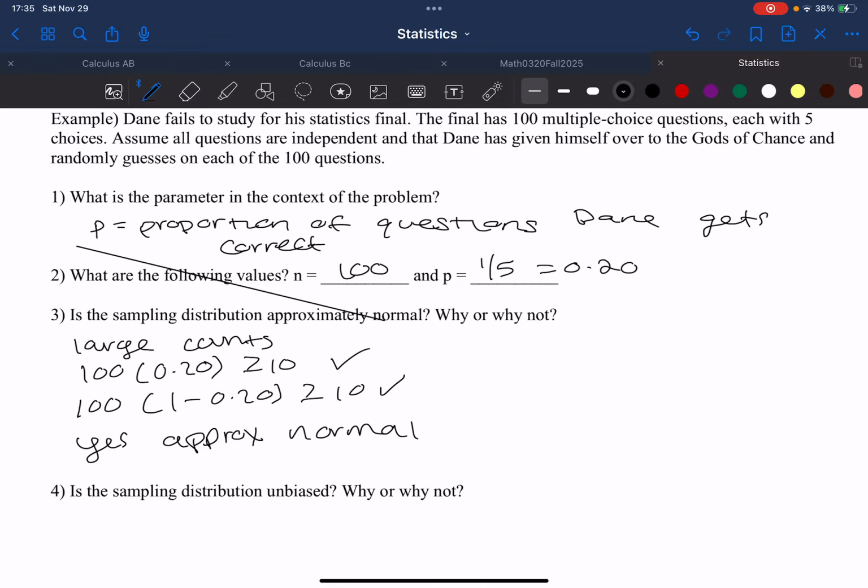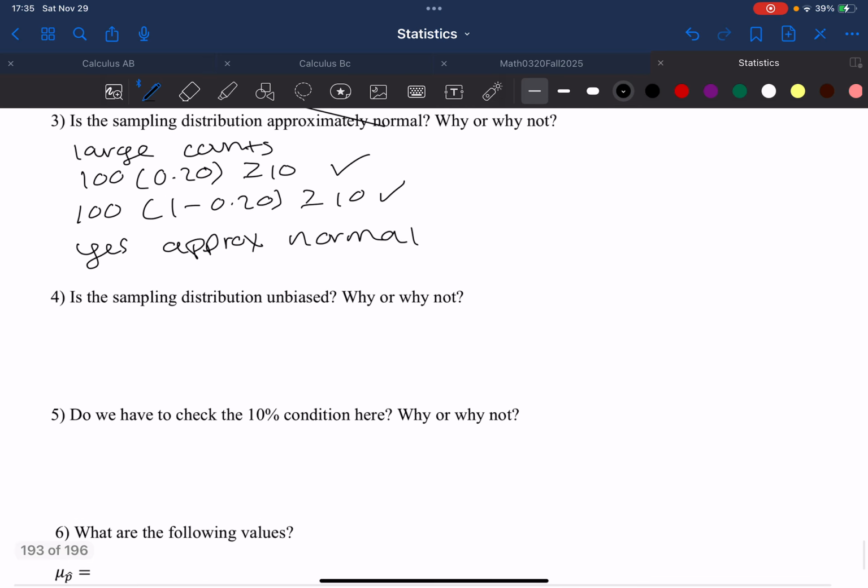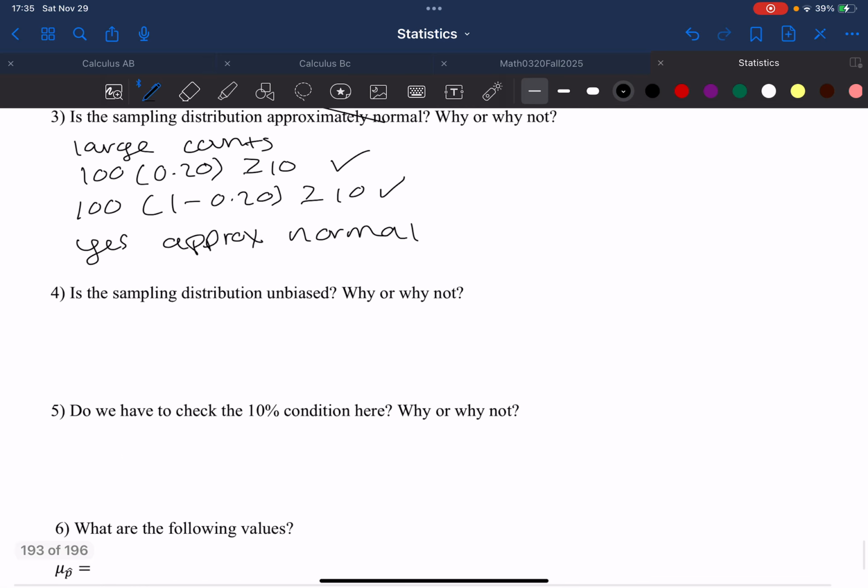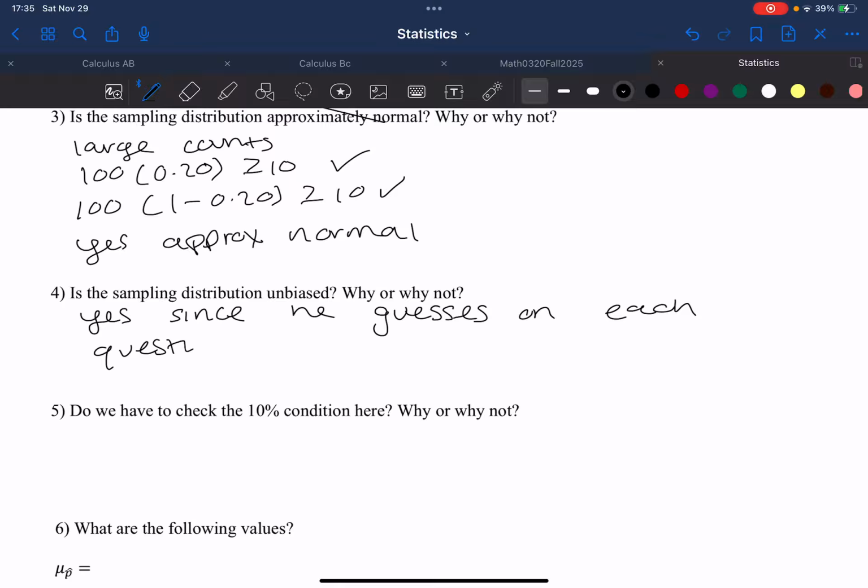Then it says, is the sampling distribution unbiased? Why or why not? We would say yes, since he guesses on each question. Make it more specific. Let's say he randomly guesses on each question.